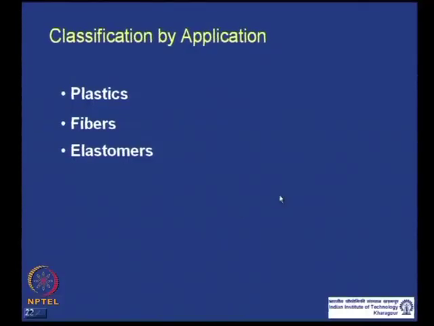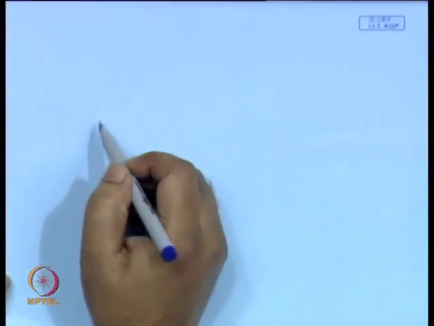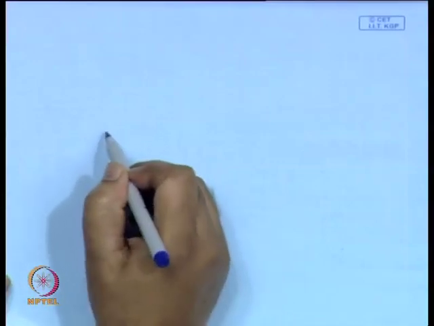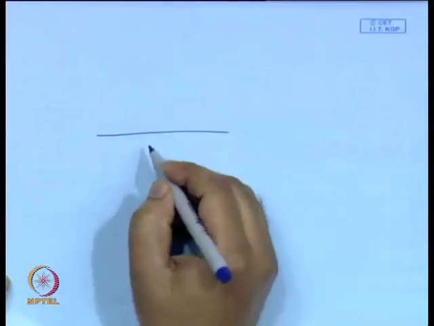Polymers can be classified according to applications. They can be plastics, fibers, or elastomers. These are defined more from the stress-strain curve, from their mechanical properties.